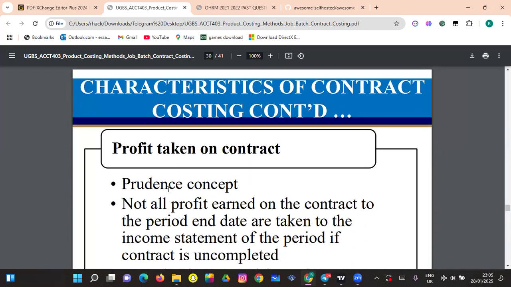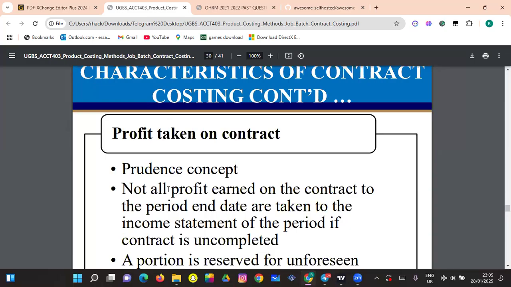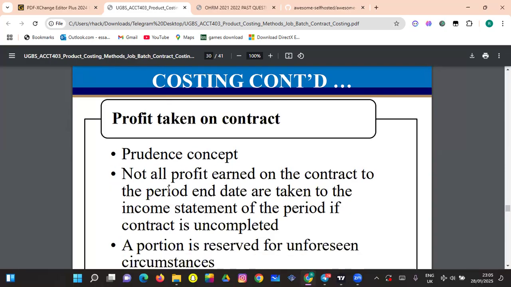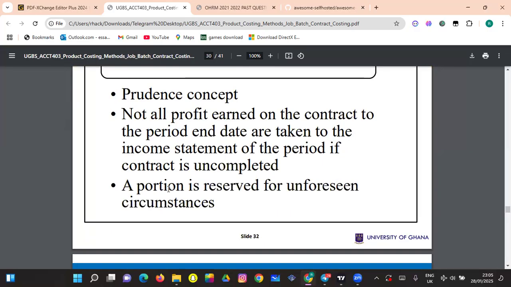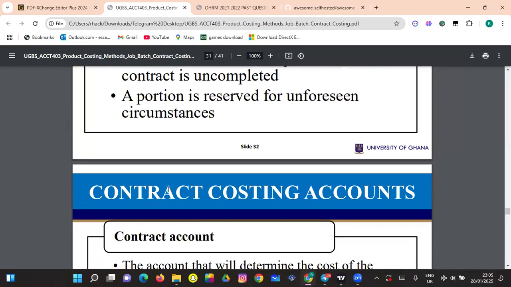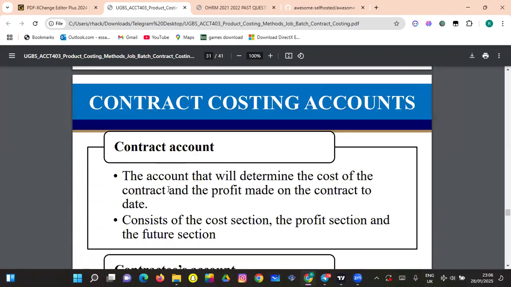So profit taken on contract uses the prudence concept. Not all profit earned on the contract to date is taken to the income statement of the period. If the contract is uncompleted, a portion is reserved for unseen circumstances. As I explained, the contract costing account.